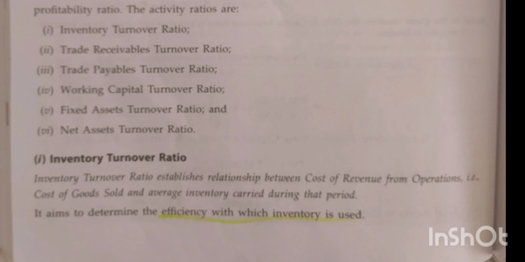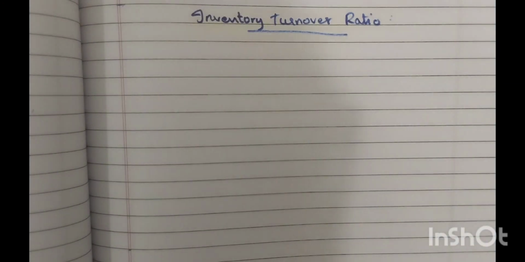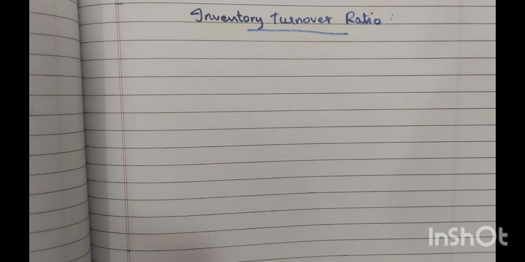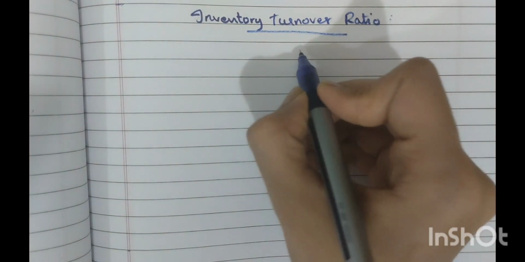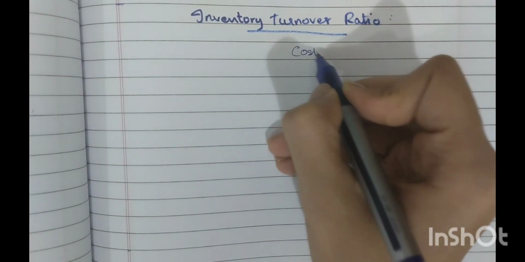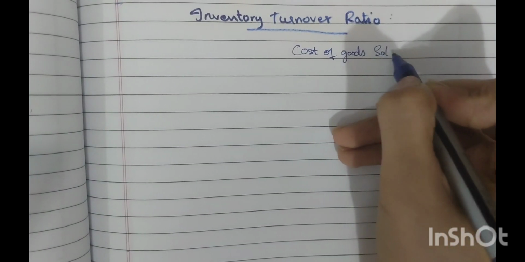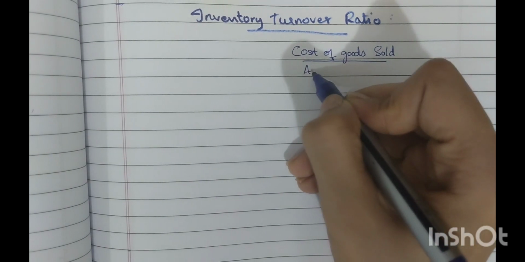Inventory turnover ratio is equal to our cost of goods sold by average inventory.